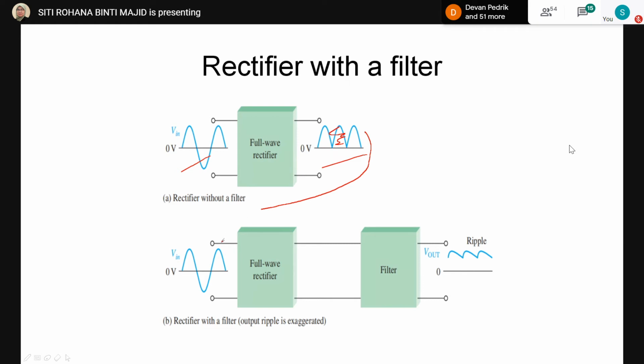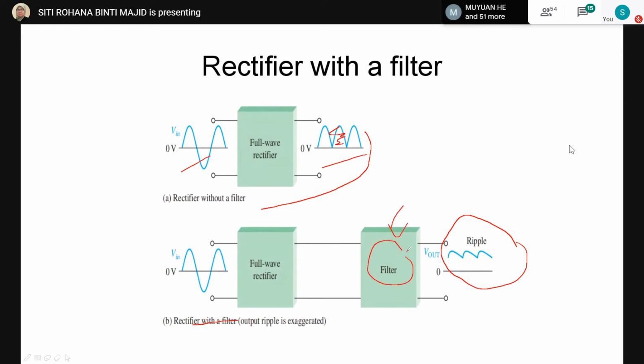So in the second diagram, this is the rectifier with a filter, with a ripple output. That means we can see a smoothing effect in this ripple signal after they put in the filter.